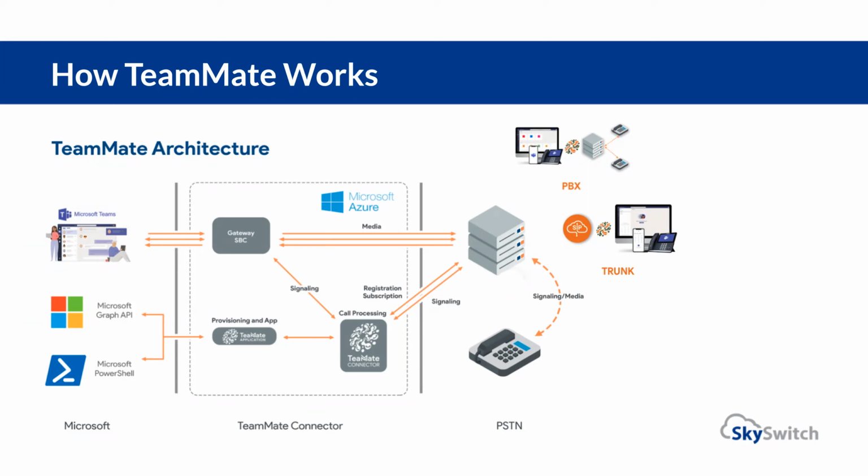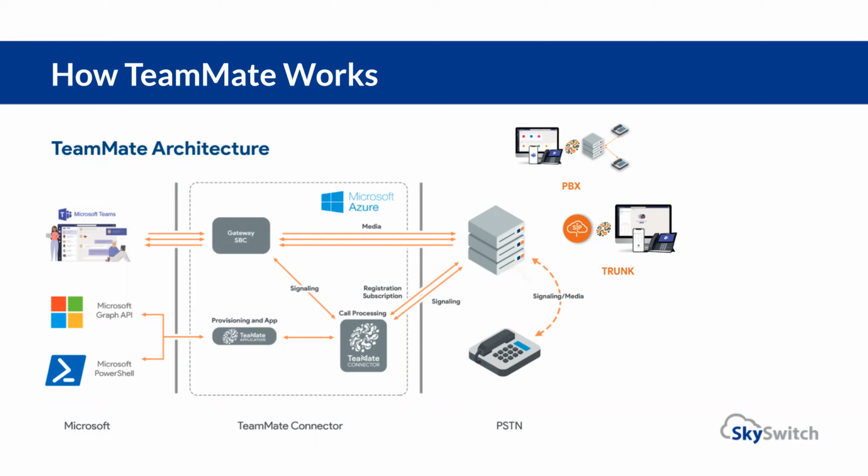Yeah, this is just to take a look under the hood. So this slide: all the interactions with Microsoft and the PBX and SkySwitch that we're doing with Teammate technology are sitting in Azure Cloud in multiple locations, and ultimately it's comprised of, say, three components.